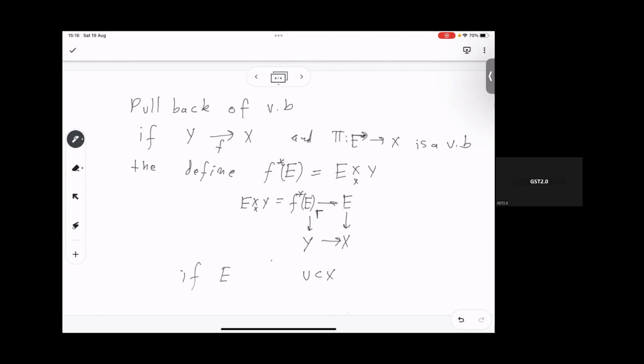Dr. Mohit, maybe you can just explain what a fiber product is in short. I think some of them do not understand this term.